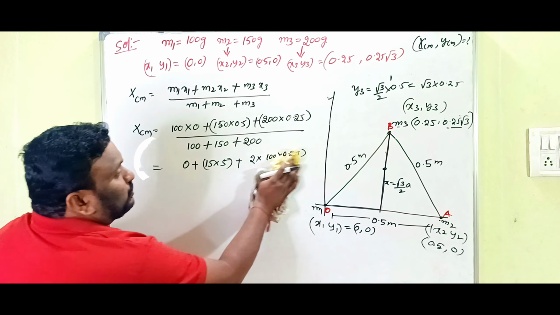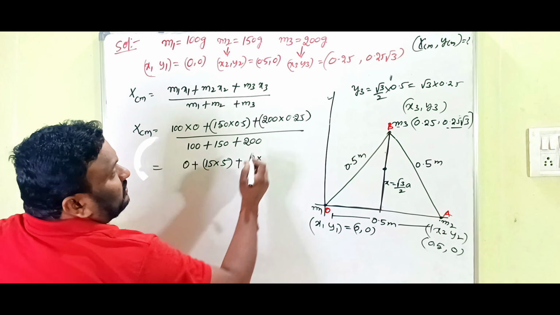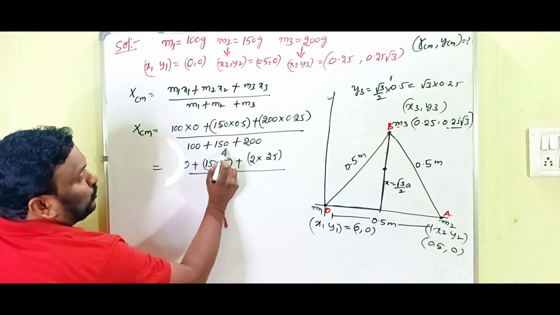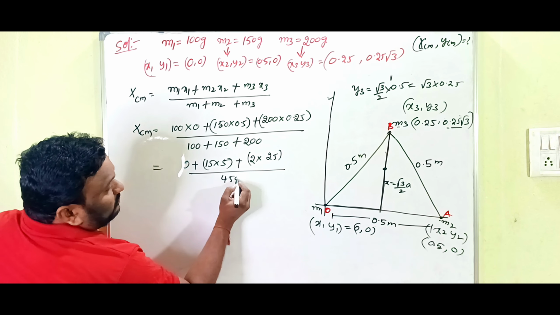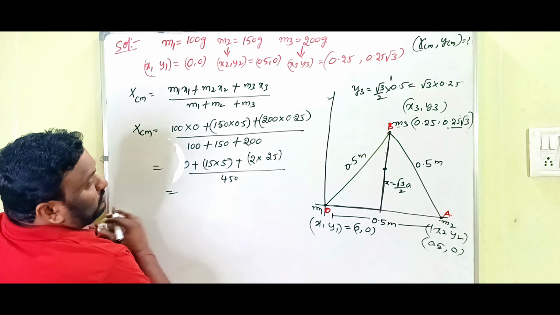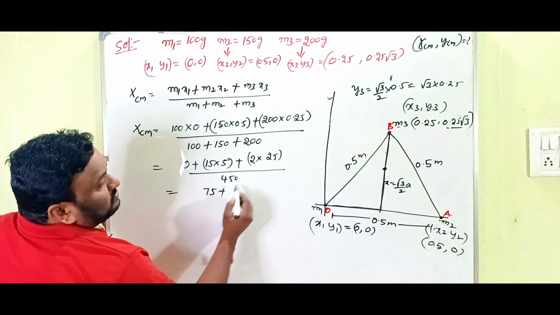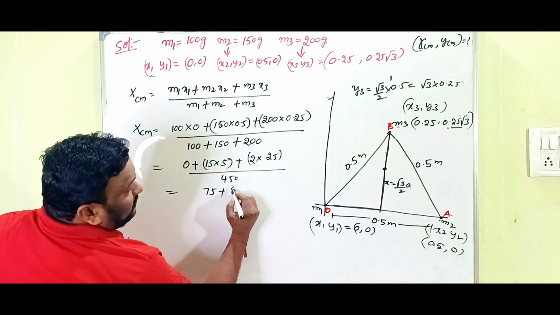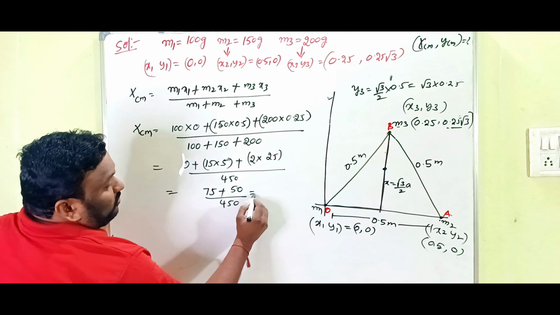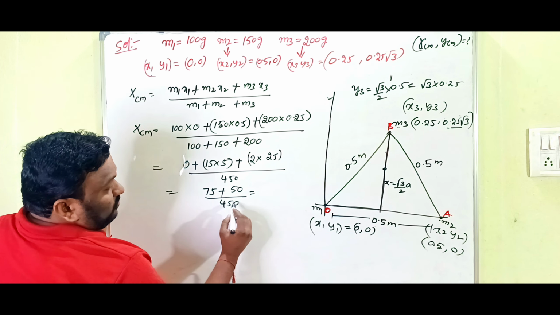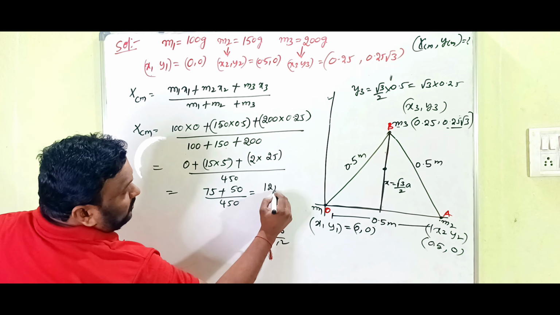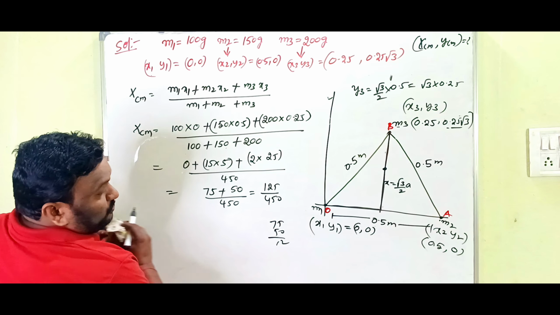Clear? So simply this is nothing but 75 plus 50 by 100 plus 150, 250, 250 plus 200, 450. Clear? Then what do you get? 75 plus 50 is 125 by 450.